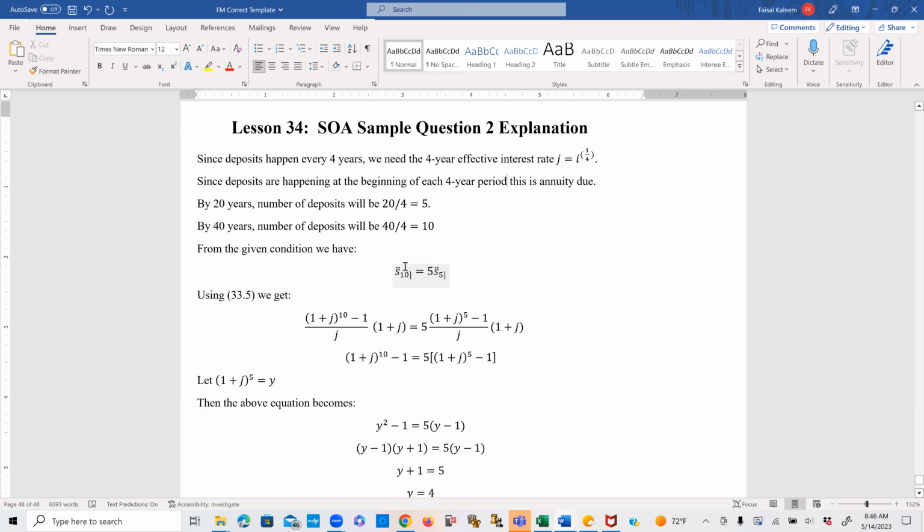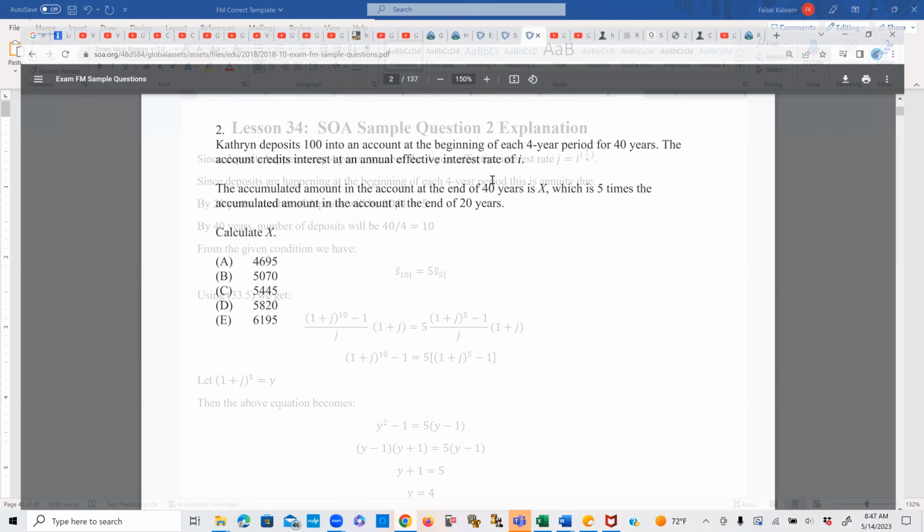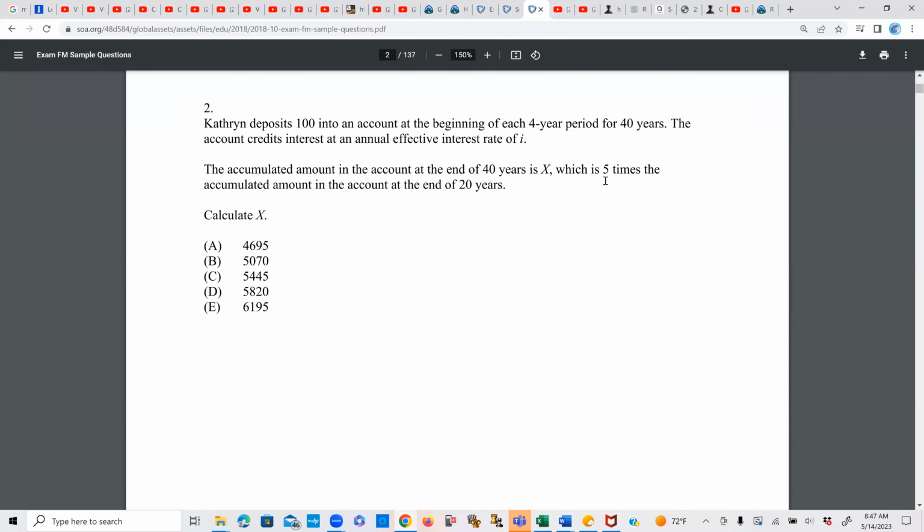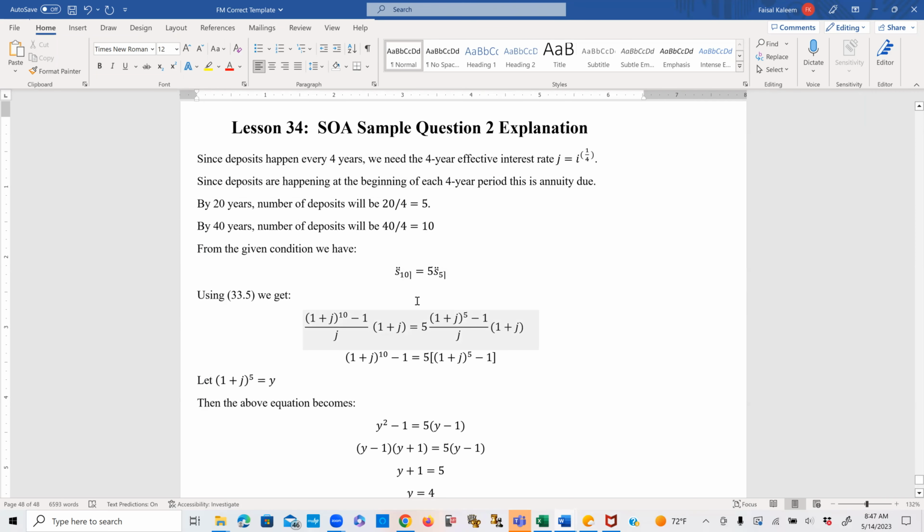So we are given that the 40-year accumulated value equals 5 times the 20-year accumulated value. And so we'll have S double dot 10 equals 5 S double dot 5.